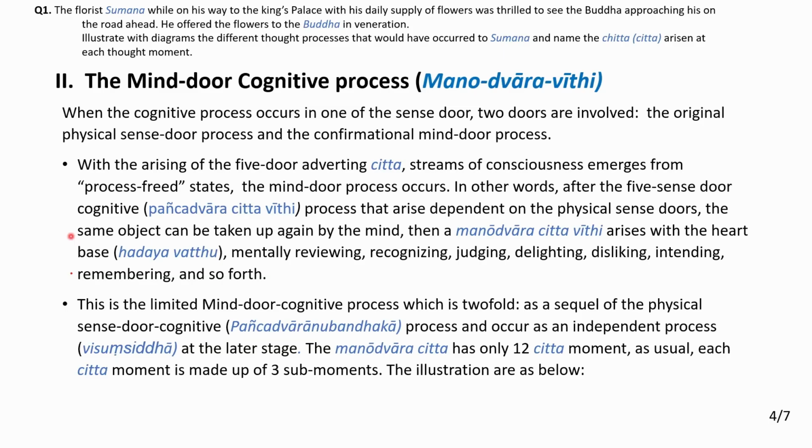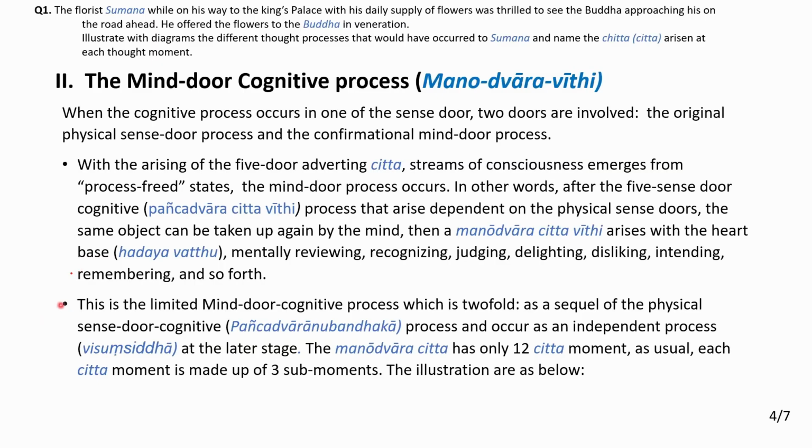Then a manodvara cittavithi arises with the heart base, hadaya vatthu, mentally reviewing, recognizing, judging, delighting, disliking, intending, remembering, and so forth.